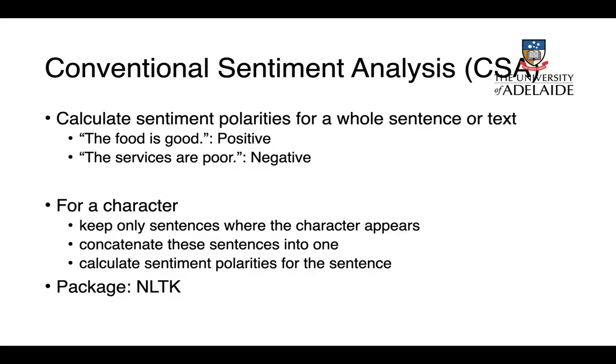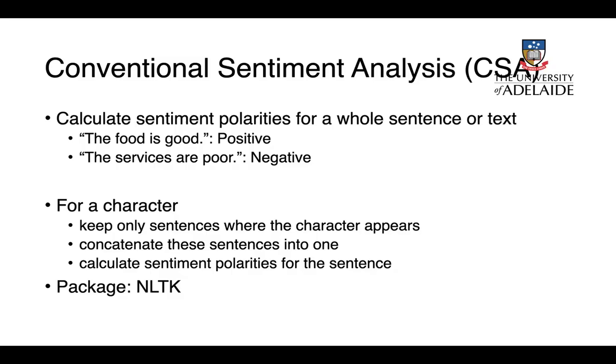And because we need to determine which characters are culprits, we need to calculate the sentiment polarities for each chapter, for each character. This is the algorithm we use for a character.